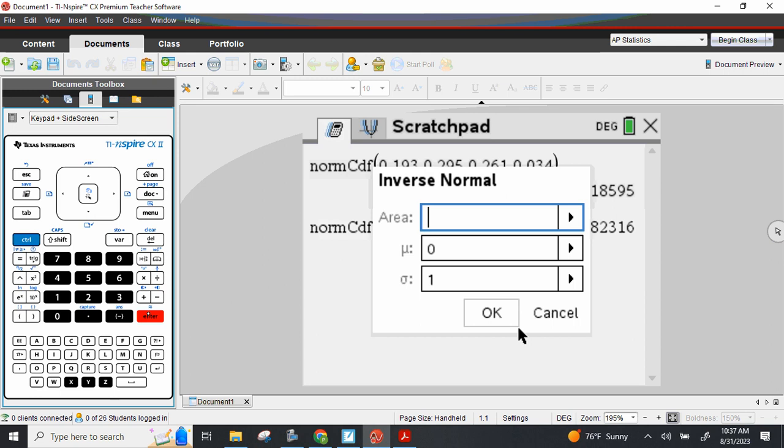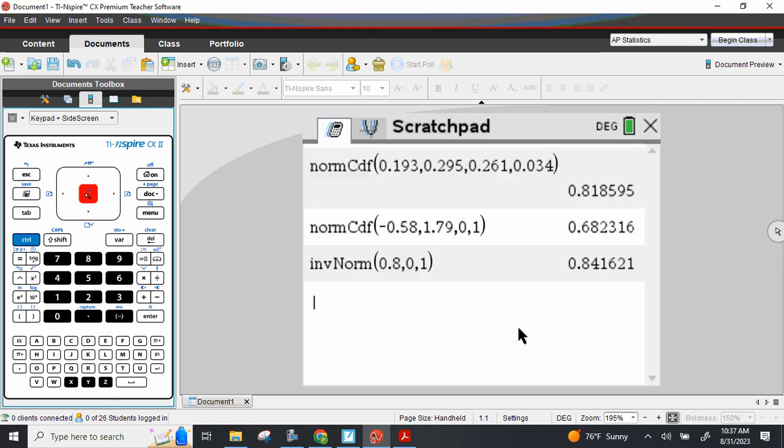If I put 0.20 in here, it's going to give me that lower area that we had found earlier. What I want is the location with 20% above. So I'll choose an area of 0.8. And we're not changing that because it's a standard normal distribution. Okay. Hey, we did good.